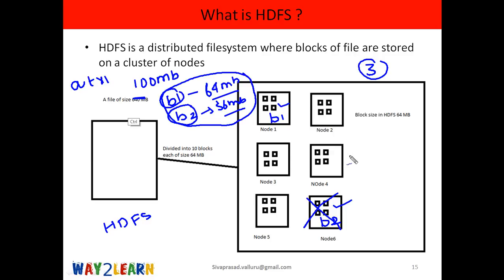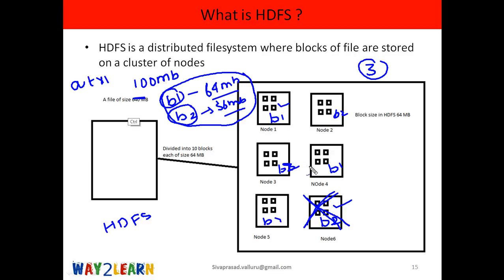That means block 1 is replicated on 3 nodes, here, here and here, and block 2 is replicated on 3 nodes. So each block is replicated thrice. Suppose this node 6 on which block 2 is present is down, still block 2 is present in 2 more nodes, so our file is not lost.